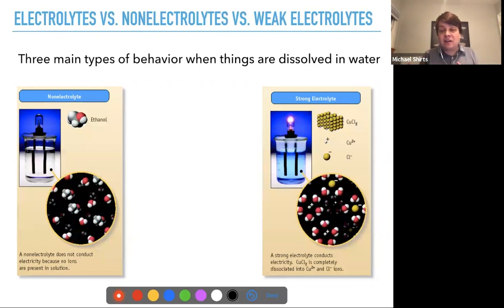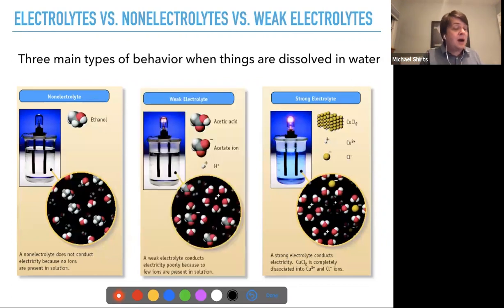So strong electrolyte, everything breaks up. It's something like an ionic compound that completely breaks up into component ions. There's lots of ions to conduct electricity. But there are a lot of cases that are in between, that are weak electrolytes. For example, acetic acid, and we'll talk a lot more about acids and bases later in the course, breaks apart a little bit, like maybe 1 or 2% of the molecules break apart.